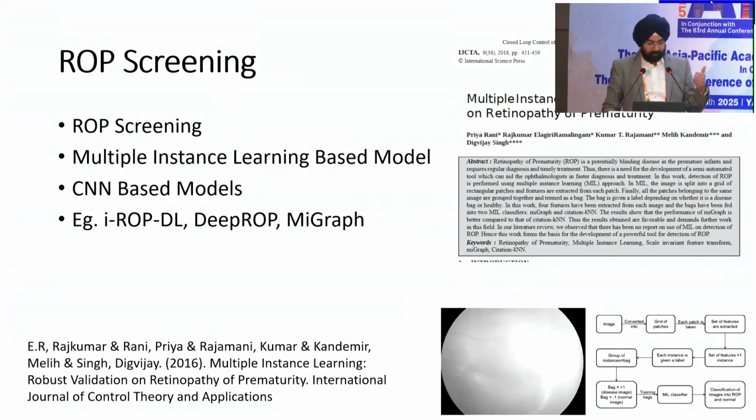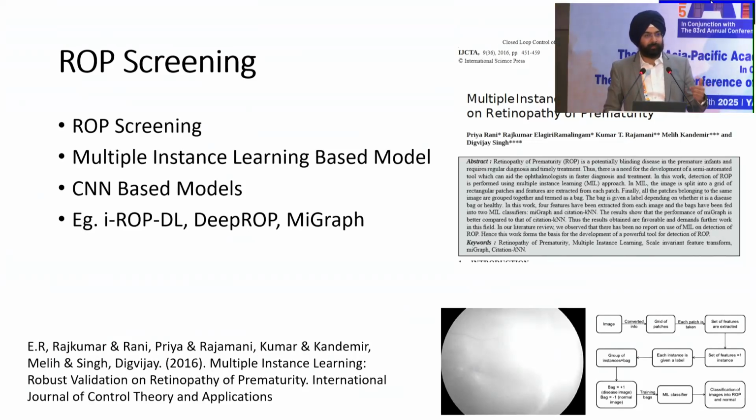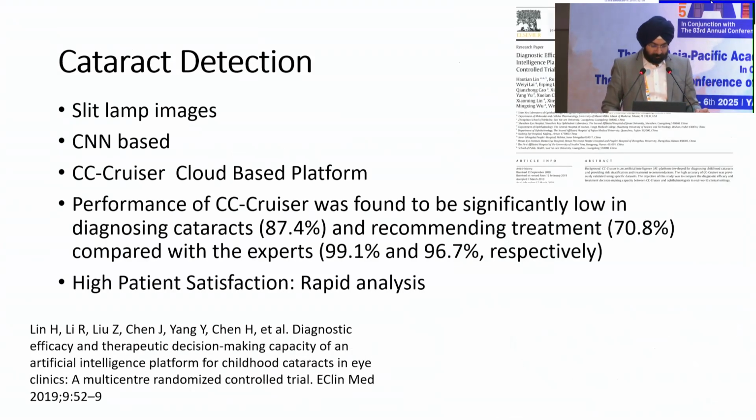But as of now, these are still being published from a technical standpoint. There are a few ROP models, like Deep ROP, DLROP, and MiGraph, that have come out and shown reasonably good success. Then you come to cataract detection. I think Karthikeyan has already shown this, but this is where heat maps and other forms of AI are being used to detect cataract in children.